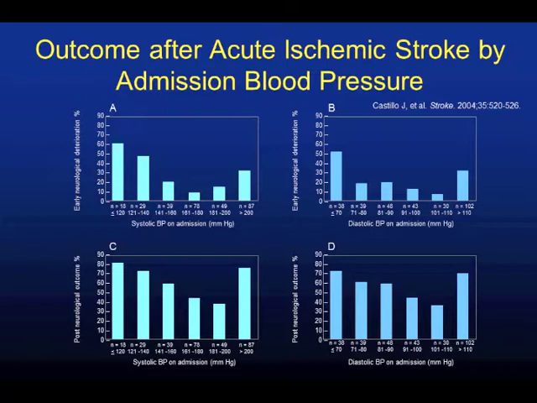But if you look at that relationship of ICP to the extremes of blood pressure, it reminds us of a very basic principle that we see in outcome studies in general. Whether the disease is trauma, subarachnoid hemorrhage, intracerebral hemorrhage, or ischemic stroke, there's a U-shaped relationship between admission blood pressure and mortality, as shown in the upper panels, and between neurologic deterioration, as shown in the lower panels here.